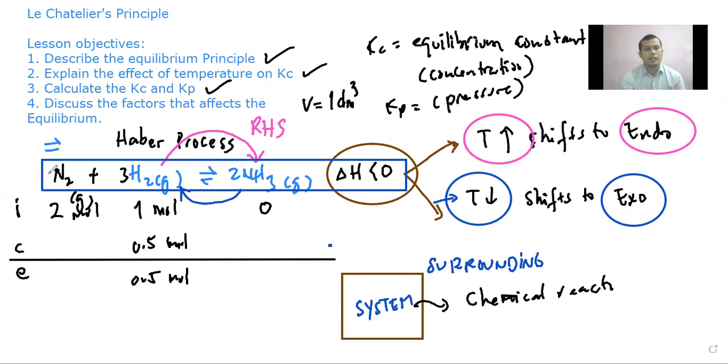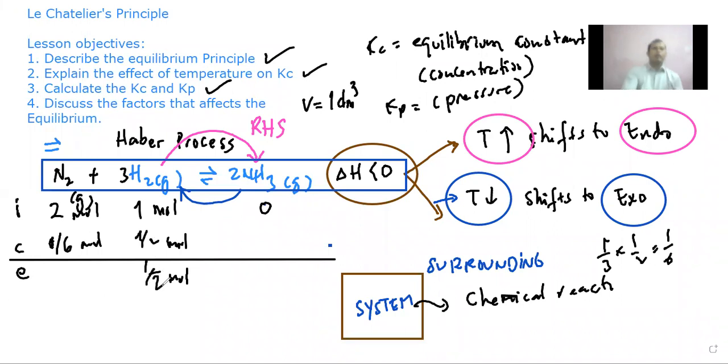We have a coefficient of one for nitrogen, so 1 over 3 times 0.5, then 1 over 3 times 1 over 2, you have 1 over 6. So you're going to have around 1 over 6 mole. To uniform this, I just put half, so we can have consistency in terms of the numbers, right?